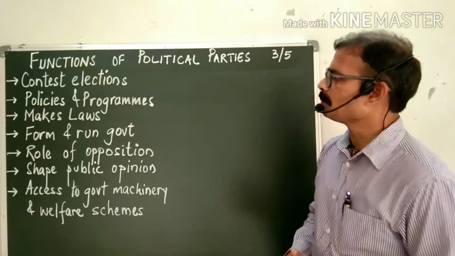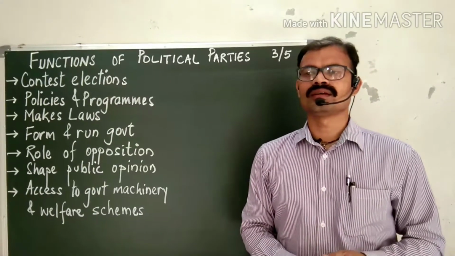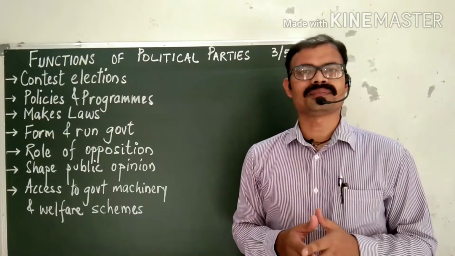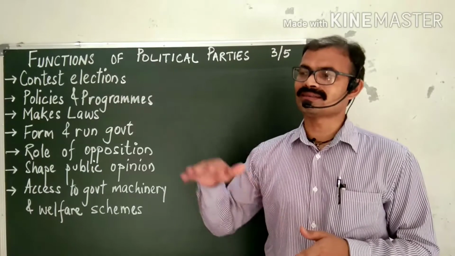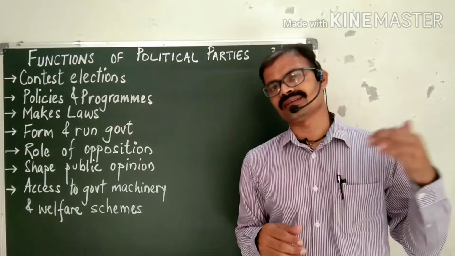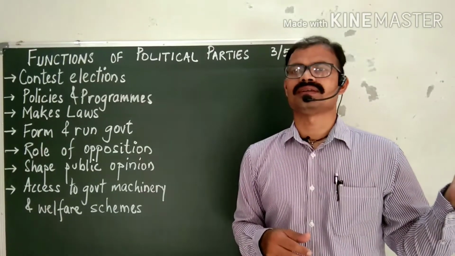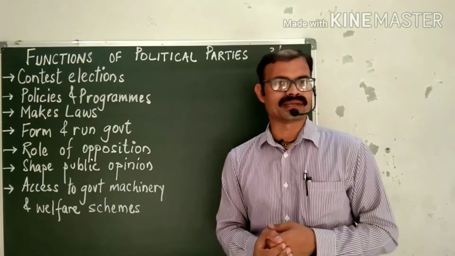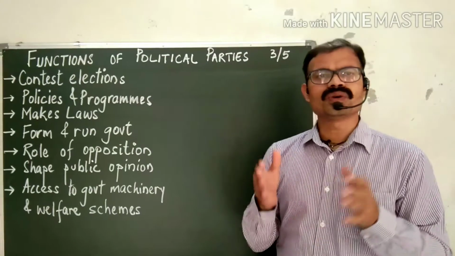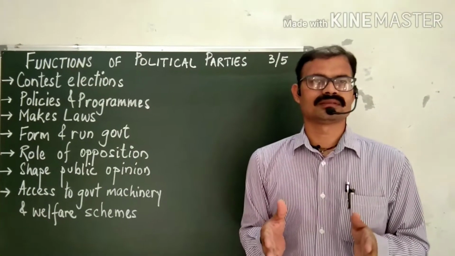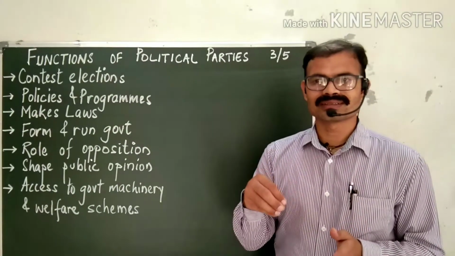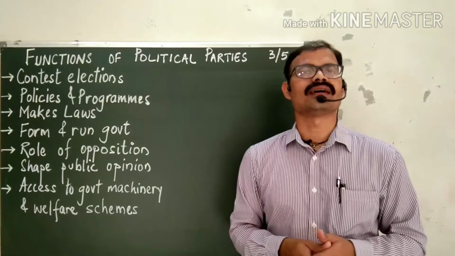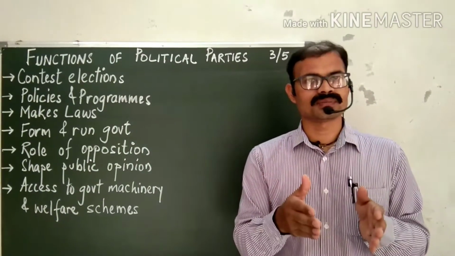Third function, makes law. All the political parties, whether they are regional level or the state level or the national level, are part of the law making. Whatever the laws are made, first it is discussed in the house, that is in the Lok Sabha.